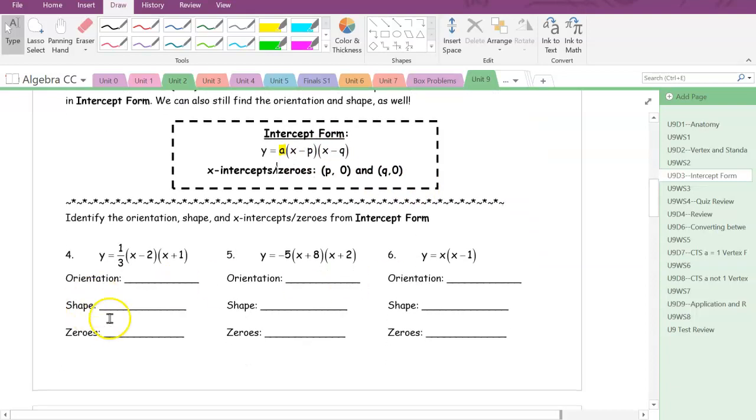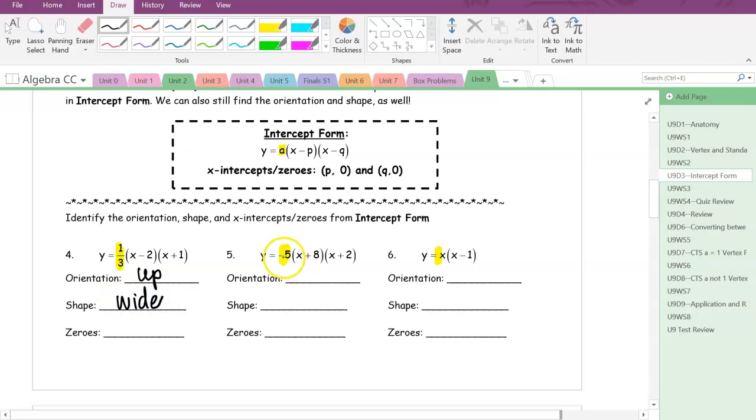We should be able to identify all three of these things without even typing this into our calculator. Orientation and shape come from your a value. The a value is the number in front. Here, this is a positive, so we are up. It is a number between 0 and 1, so that is wide.